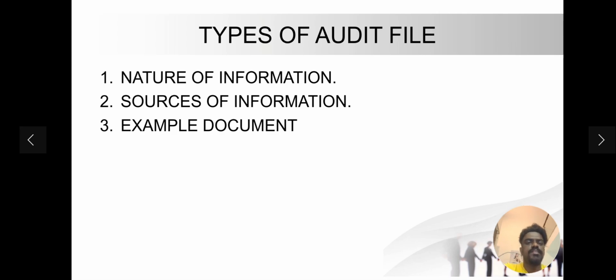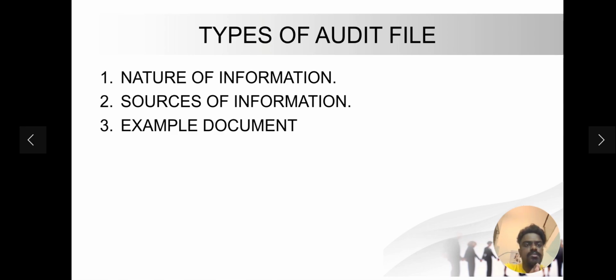Audit file has three types: the first one is nature of information, the second one is sources of information, and the third one is example of document. So let's see the first one, nature of information.